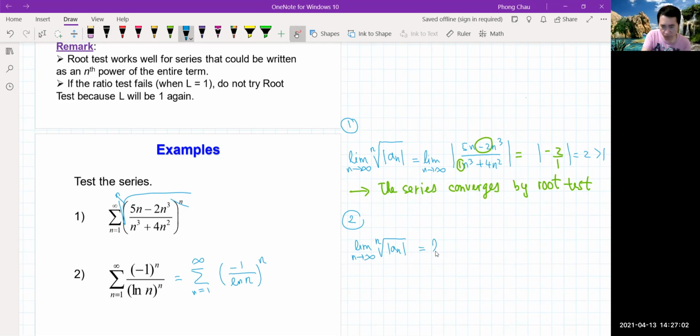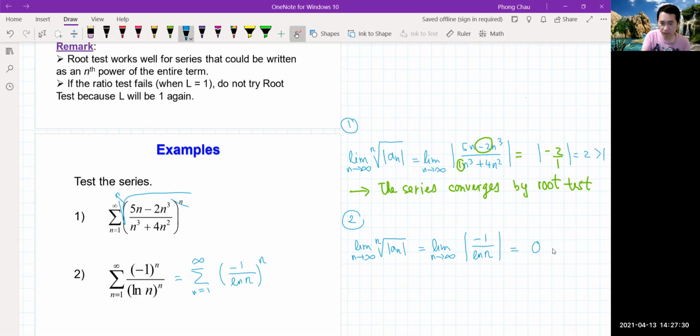So what does it do? It will remove the n powers. Okay, it removed the n power, and that becomes just negative 1 over natural log of n in absolute value. Well, what's this limit? As n increases, the fraction decreases and approaches 0.